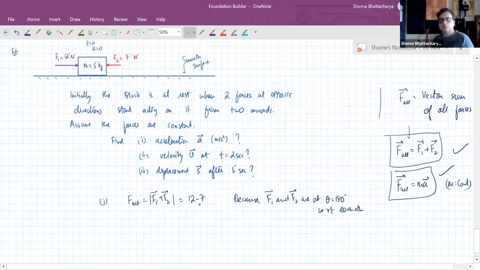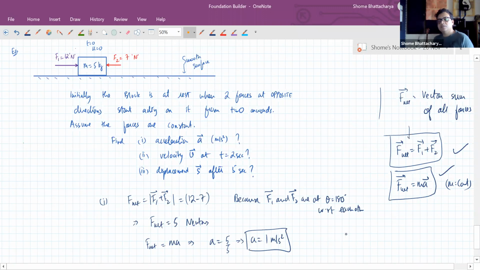So the net force will have a magnitude of 5 newtons. And net force will be mass into acceleration. So the acceleration will have a magnitude of 5 by 5, or 1 meter per second square.